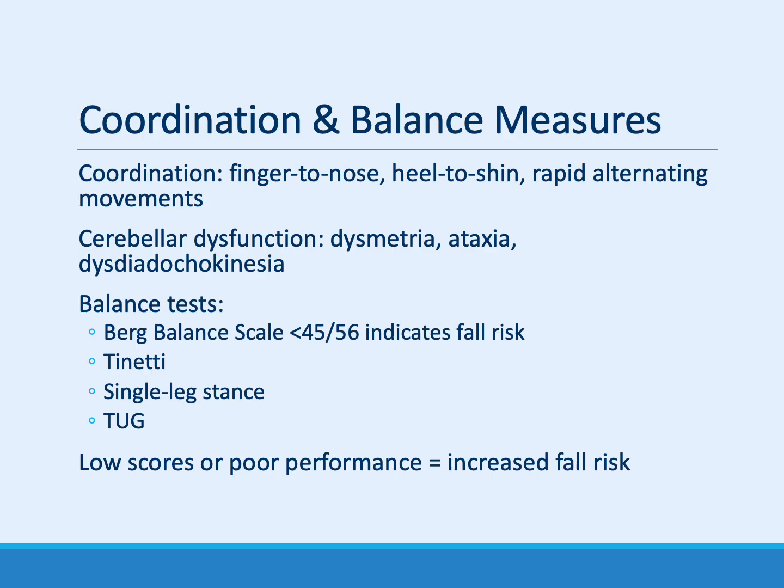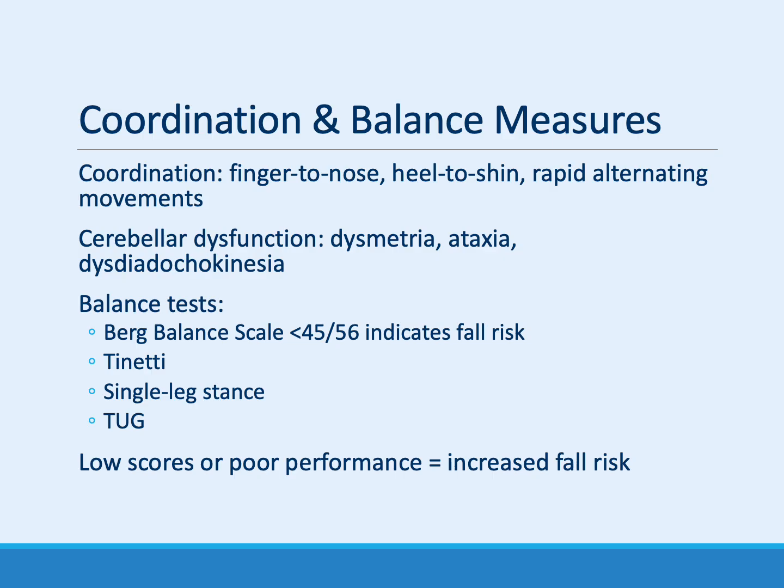Coordination testing. Looking at coordination tests such as finger to nose, heel to shin, and rapid alternating movements are going to assess the cerebellum's role in smooth, accurate movement. Dysmetria is a term that you might come across that describes overshooting or undershooting a target, so whether that's stepping or reaching for the target, but not being able to judge the correct distance.